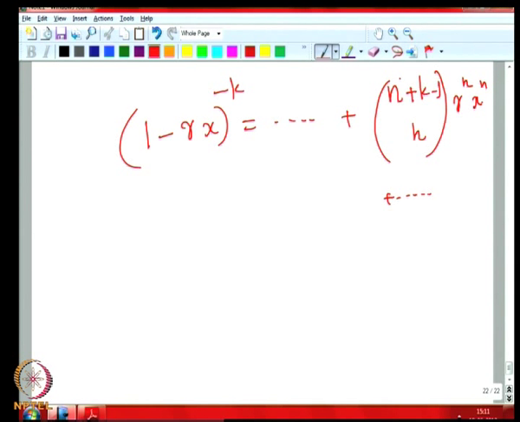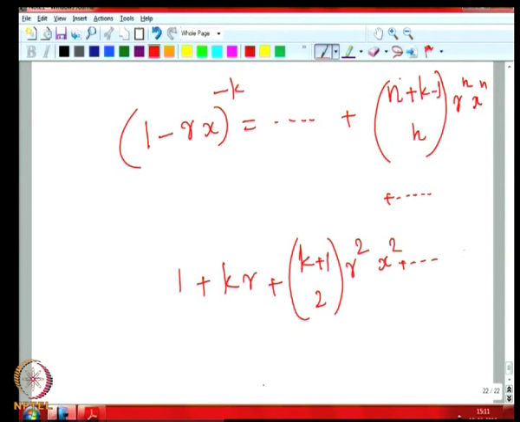So the first term is just 1, and the second term will be k choose 1, that is k, into r, so k r x. When I put n equal to 2, this will become k plus 1 choose 2 into r square into x square, and so on. This is the expansion we will get.